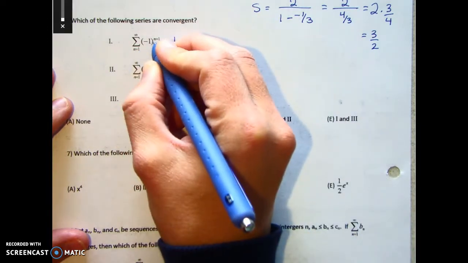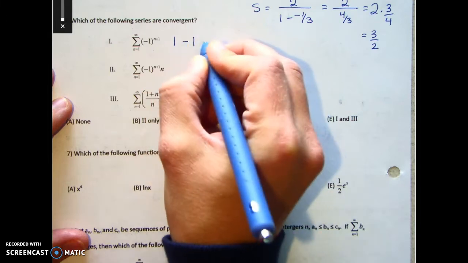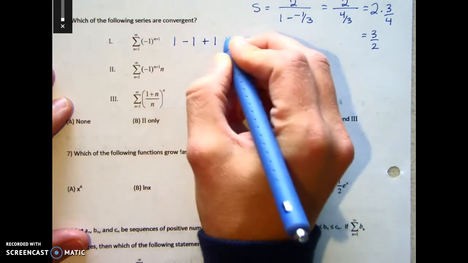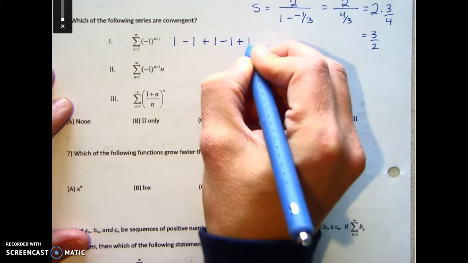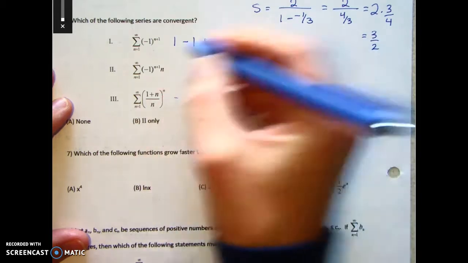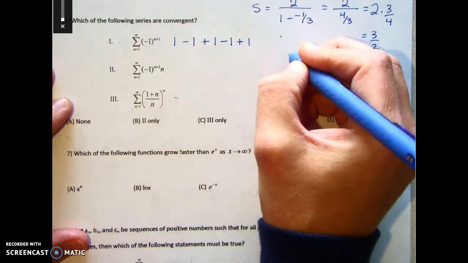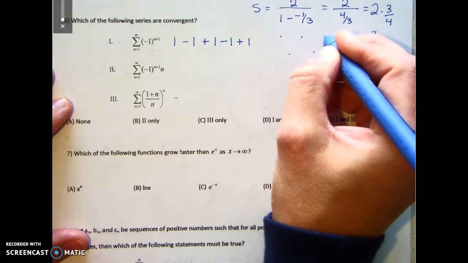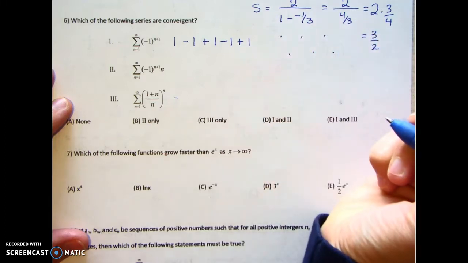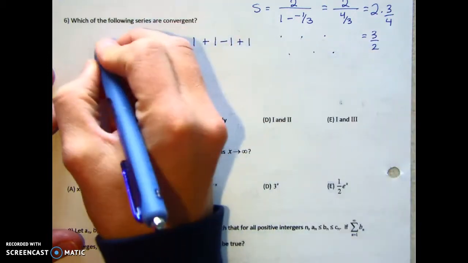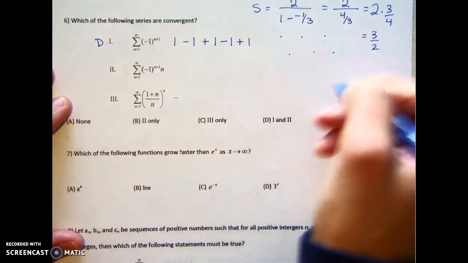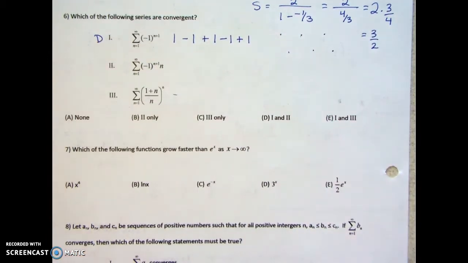And then you put n equals 2. Well, that would be -1. And then n equals 3, n equals 4, n equals 5. Okay, so if you have a series that's going from 1 to -1 to 1 to -1 to 1 to -1, is that converging or diverging? That is diverging. It's oscillating and it is not approaching a single number.